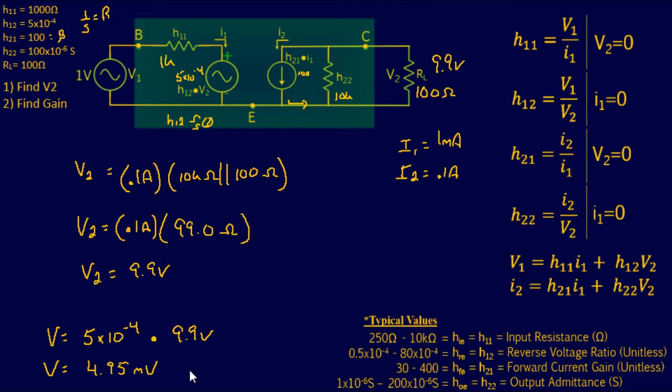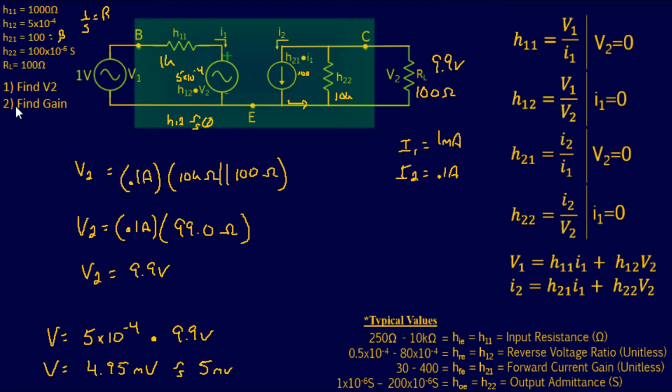So it's pretty close to about 5 millivolts. That's going to be subtracted from the 1 volt, so we'd be left with close to 0.995 volts. Again, it's a very minute amount of voltage in the reverse direction. That's why it's equivalent to almost 0. Doesn't mean it is, it just means it's pretty close. To find the answers to the problems, this is kind of a cheap way of doing it.